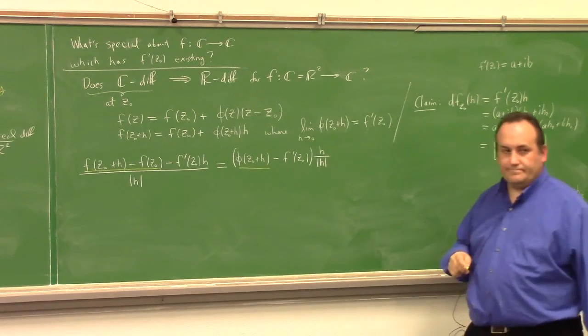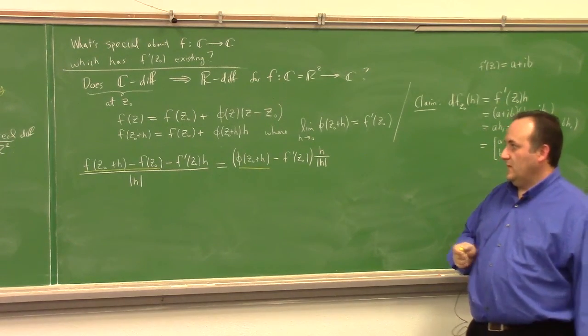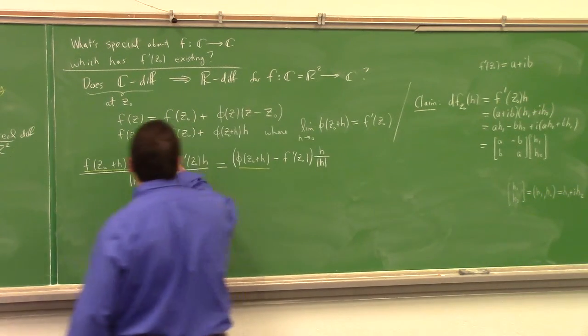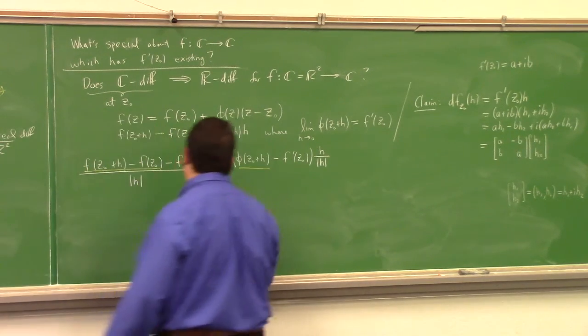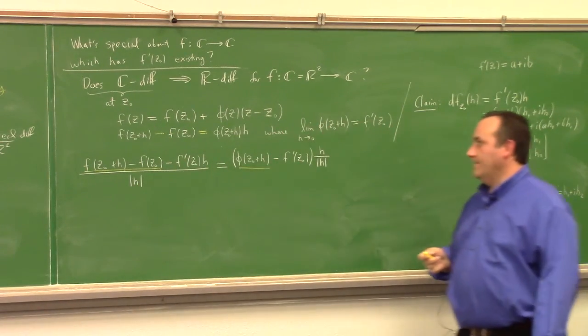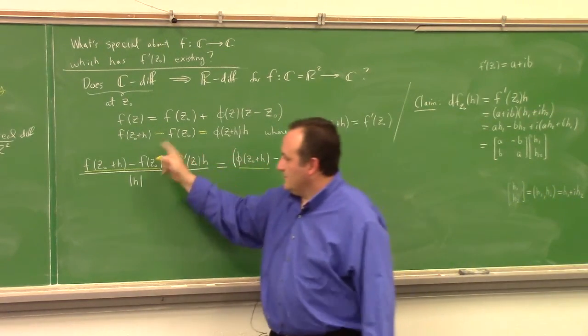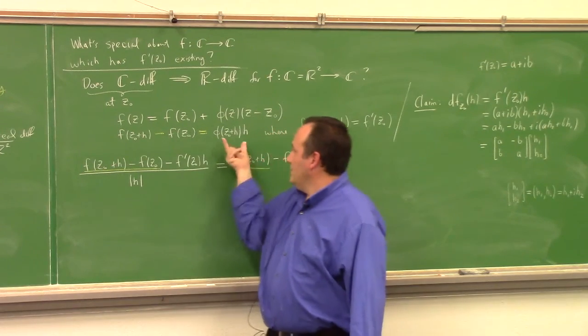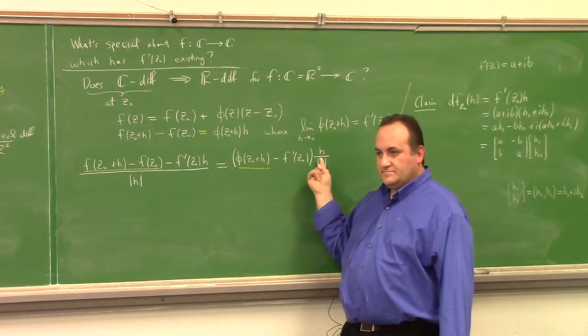So we have phi of z naught plus h equal to f prime of z naught. The equation above I could rewrite as this minus that equals this, and then I just put this for that and factor the h out.